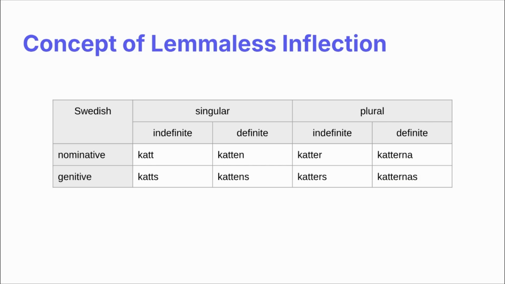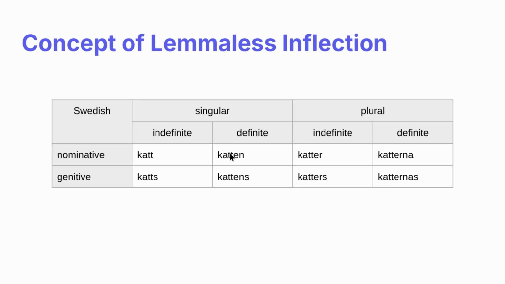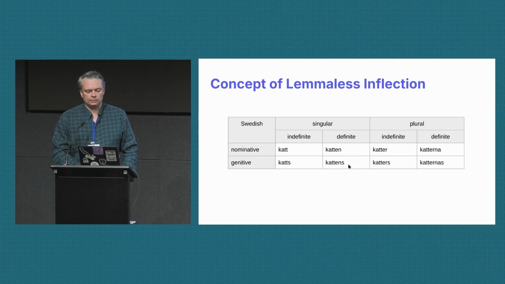But there's something else that you can do instead, which is the concept of lemmaless inflection. In lemmaless inflection, I'll start with, let's say, the singular definite genitive form, kattens, and then I will make it plural because I'm dealing with a number that's being generated at runtime, and I will change it to kattens.